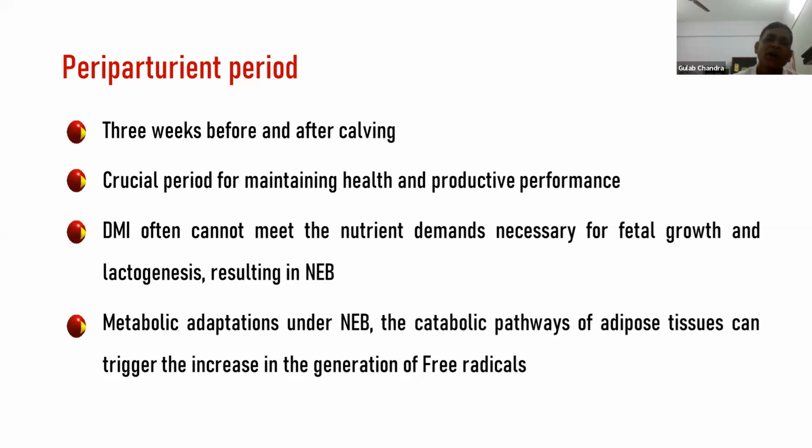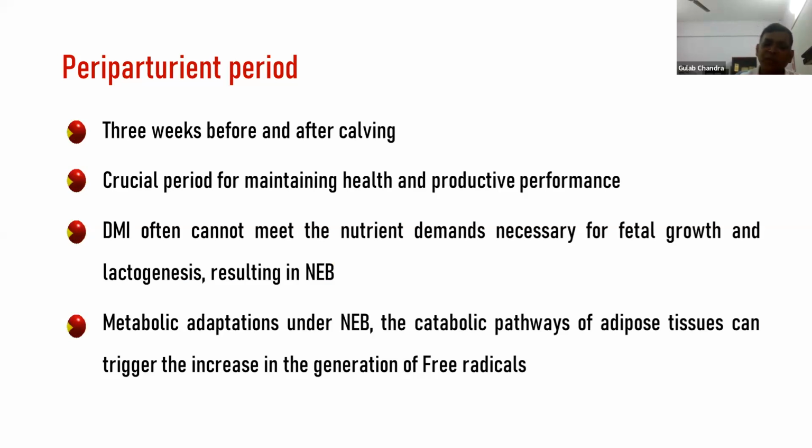Peri-parturient period. What is the peri-parturient period? The period between 3 weeks before and after calving is called the peri-parturient period. This is a very crucial period for maintaining health and productive performance. Dry matter intake during this period is decreased. Therefore, the nutrient demand necessary for fetal growth and lactogenesis is not met, resulting in negative energy balance.